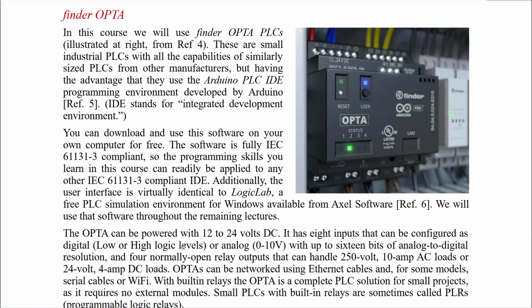And for digital, basically anything below about 5 volts or above 5 volts would be low and high logic levels. And this has integrated within it 4 relays, and those relays can handle 250 volt 10 amp AC loads or 24 volt 4 amp DC loads, which is plenty for us.